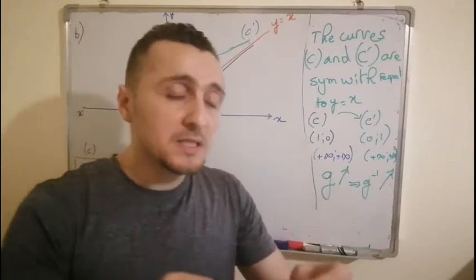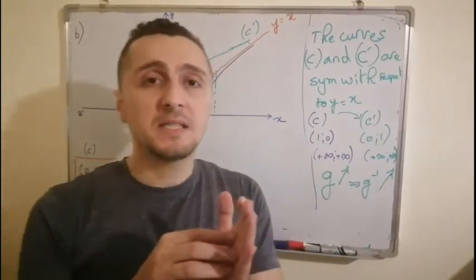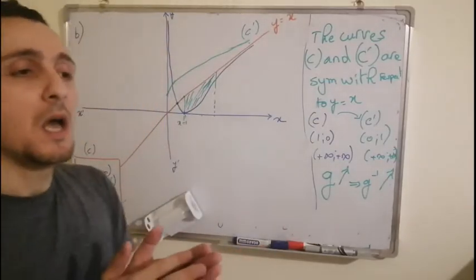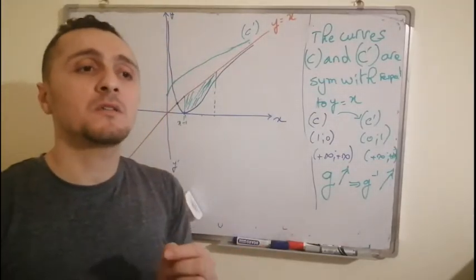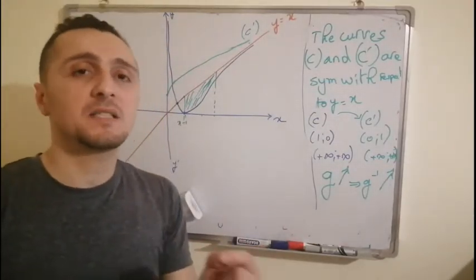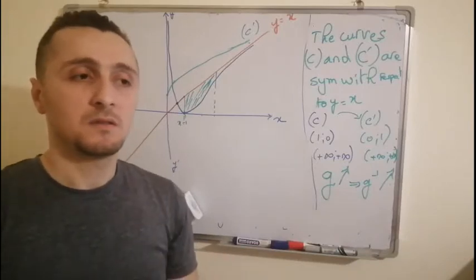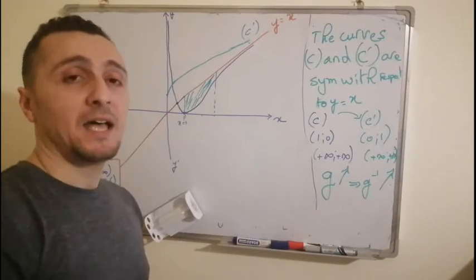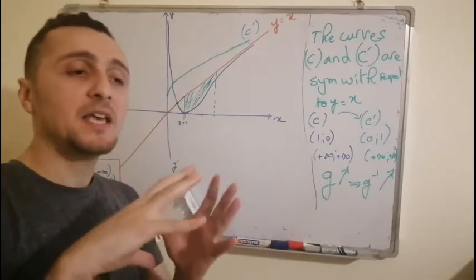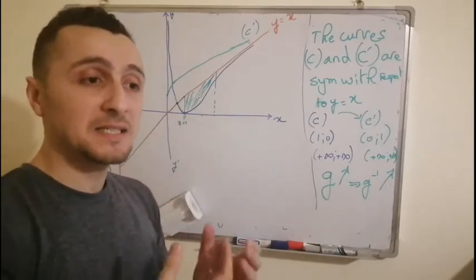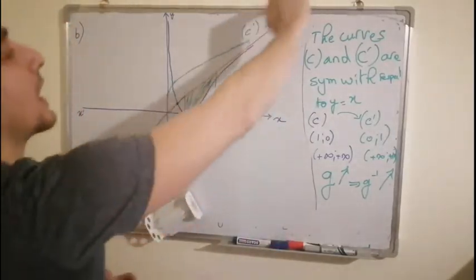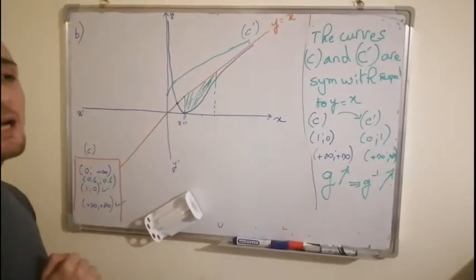The points of intersection between CG and CG minus 1 are the solutions of the equation g of x equals g minus 1 of x. If the curve of a function and the curve of its inverse intersect, they intersect on the straight line of equation y equals x.